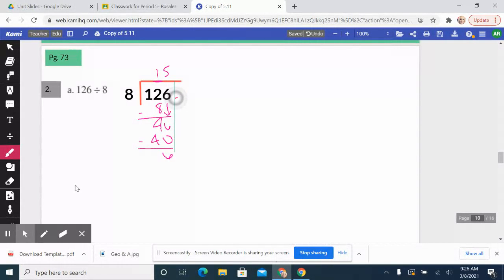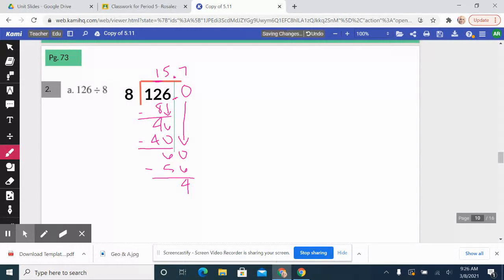Okay, so I'm going to put my decimal here, and then I'm going to bring it to the top so it's in the answer. And I put my 0, I bring it down. Well, 8 goes into 60 7 times. 7 times 8 is 56. And I subtract and I get 4.